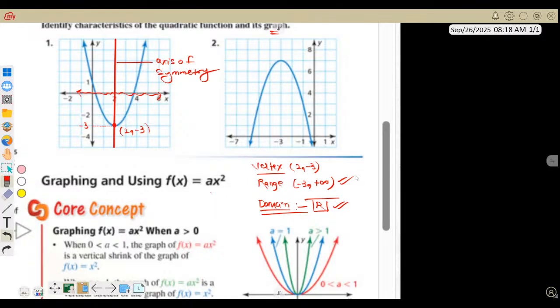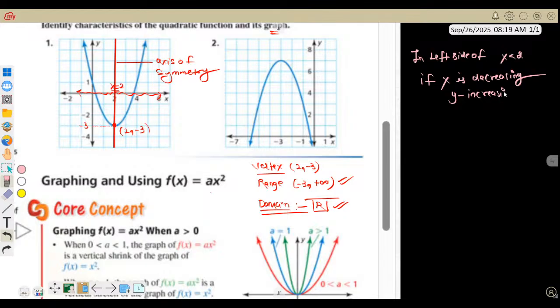You are getting my point? Okay. And I can say that from x = 2, in the left side, x less than 2, if x is decreasing, y is increasing.